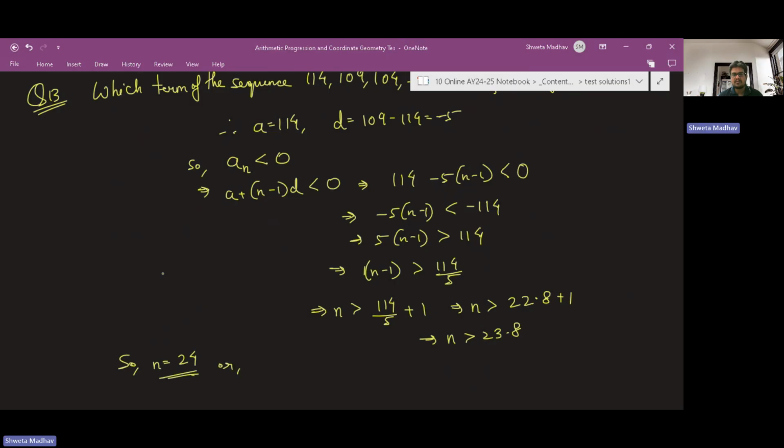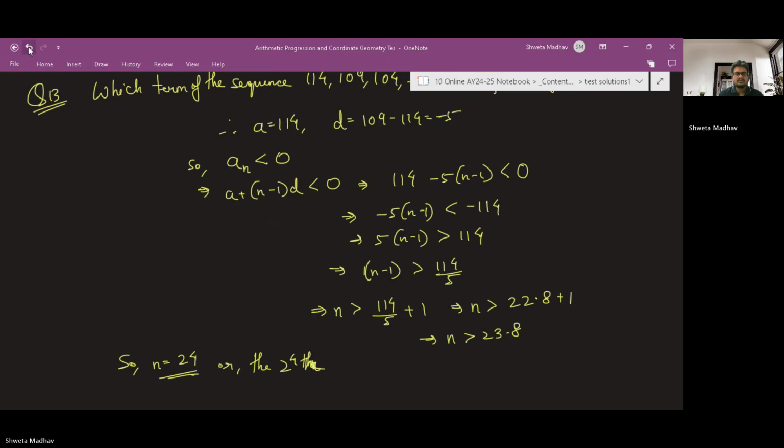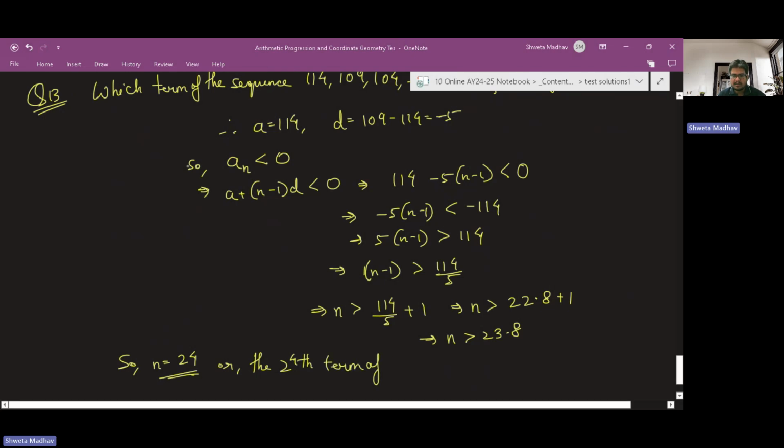Hence I can say the 24th term of this AP is the first negative term.